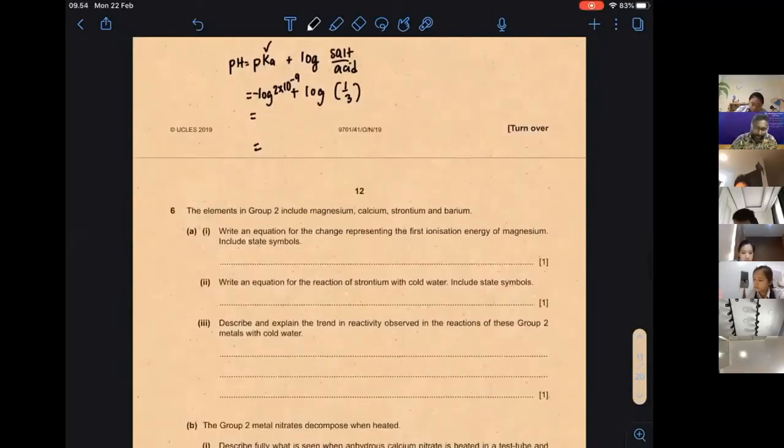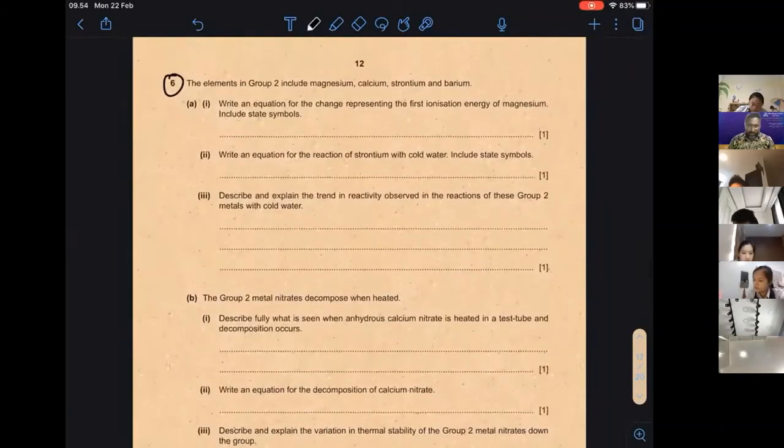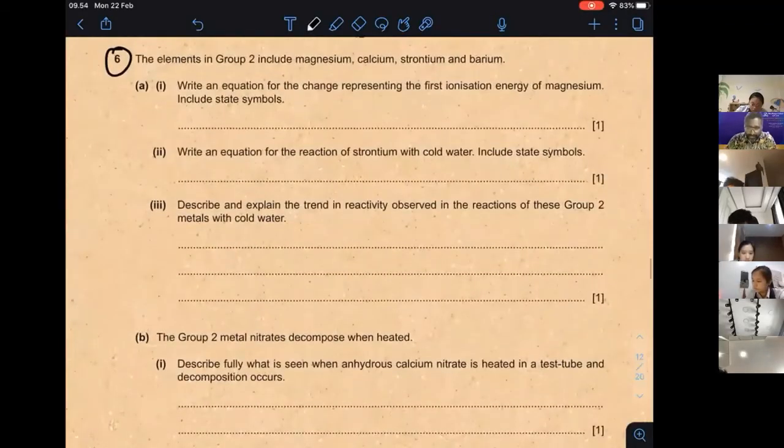Now for number 6, let's try number 6. The elements in group 2 include magnesium, calcium, strontium, and barium. Write an equation for the change representing the first ionization energy of magnesium. Include state symbols. So magnesium, make sure it is in gas.